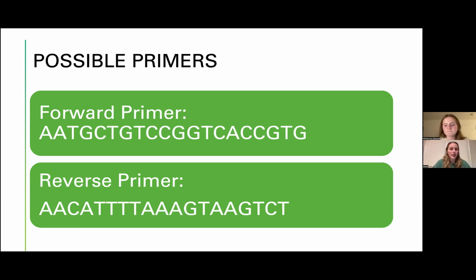It gave us an mRNA sequence, and we converted that to DNA. For the forward primer, we copied the first 20 base pairs of that nucleotide sequence. And for the reverse primer, we got the reverse complement of the last 20 base pairs.